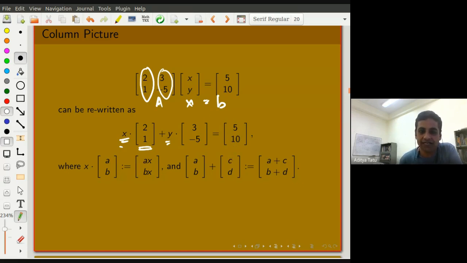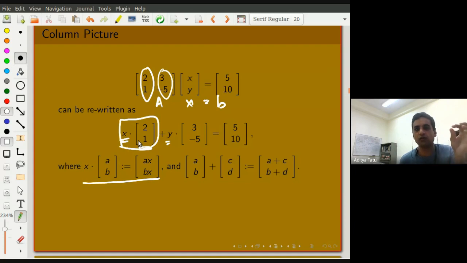Okay, and when I'm writing this, I have not yet defined what this means. By this operation between x and this vector, I mean this. Remember, this is something that you may already know, but from the point of view of abstract math, or mathematics proper, you must define what this means.